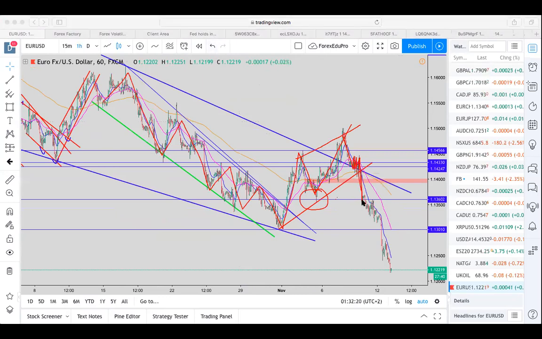What has to happen after the break? Now remember, this is FOMC, so you've got a lot of volume here, and it doesn't necessarily have to retrace all the way. However, we had the break. I took my sell from here. I took my sell right over there, all the way down after the break.